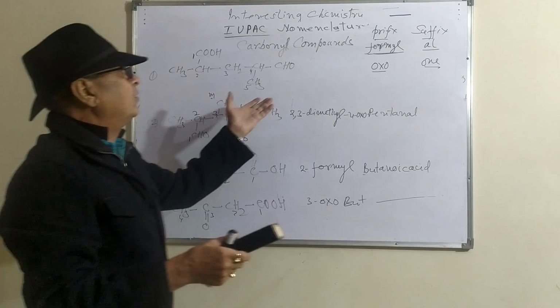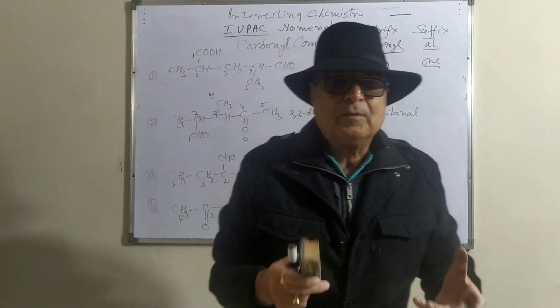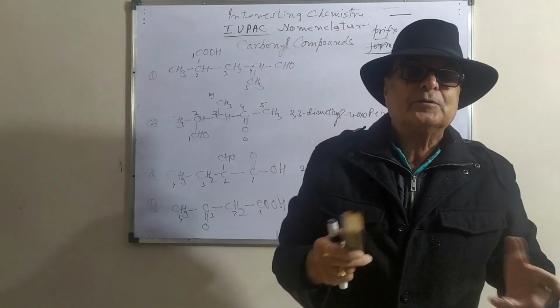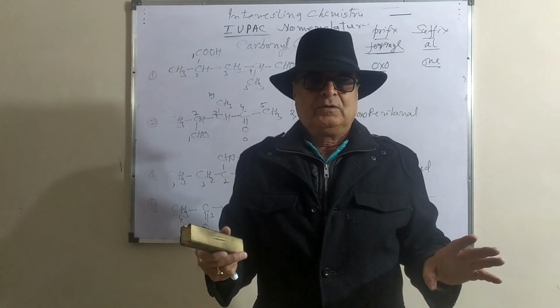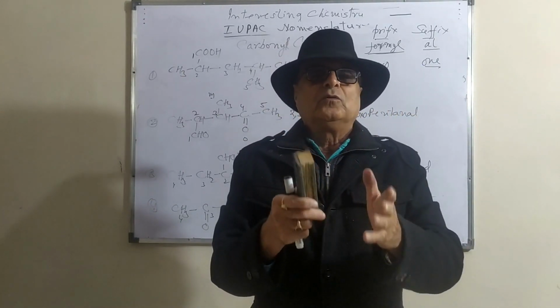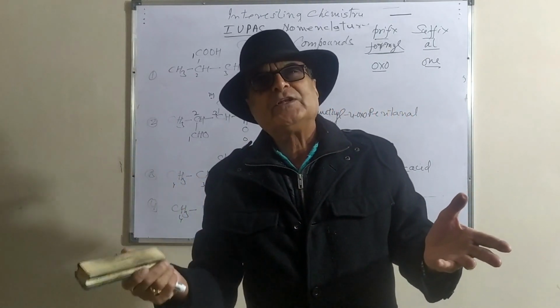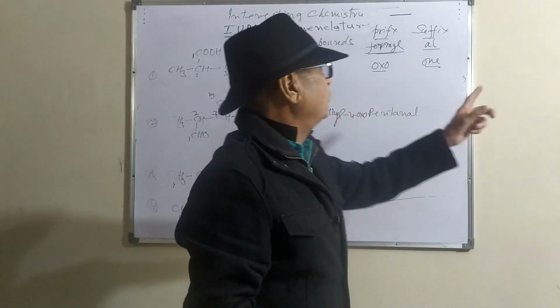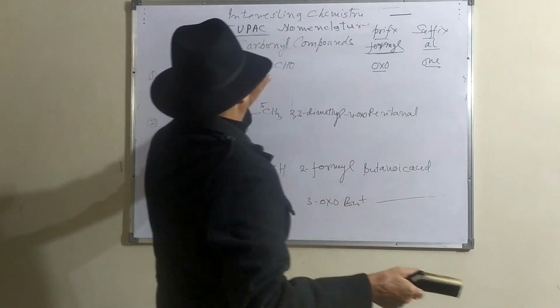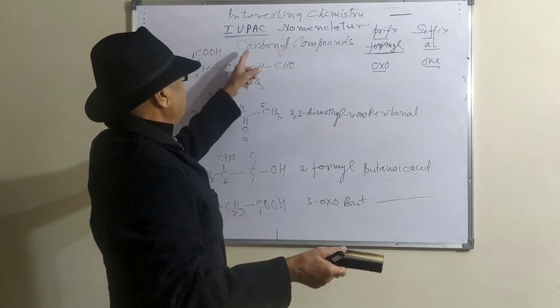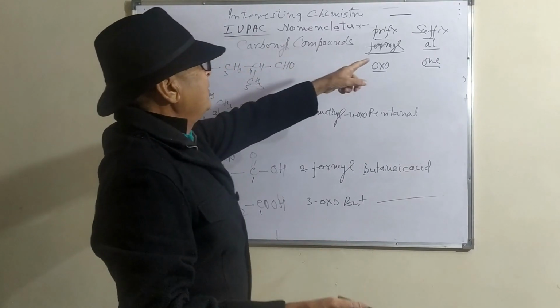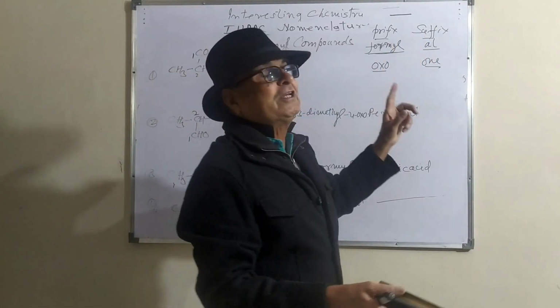So I have told you about the concept of the prefix and suffix. Every functional group has two names, one as a prefix and the second as a suffix. I have told you the suffix of the carboxylic acid group is oic acid.